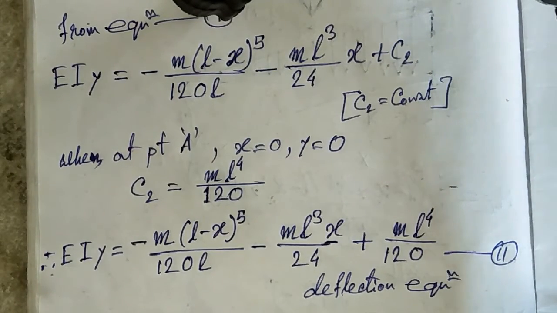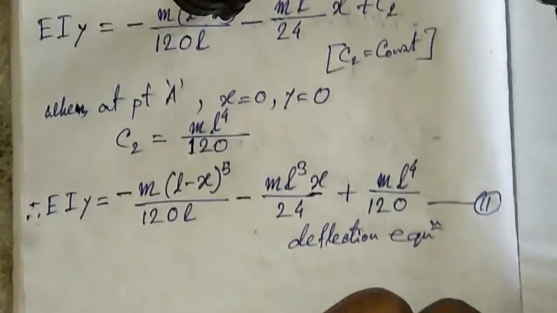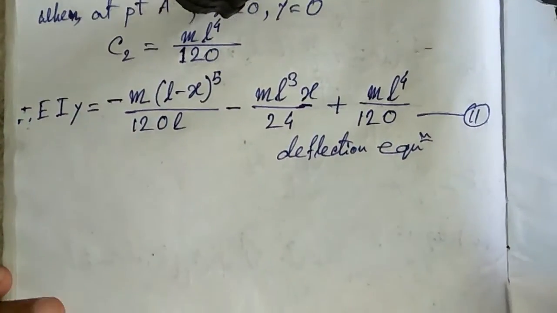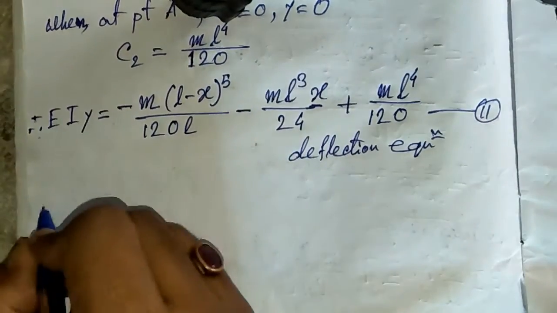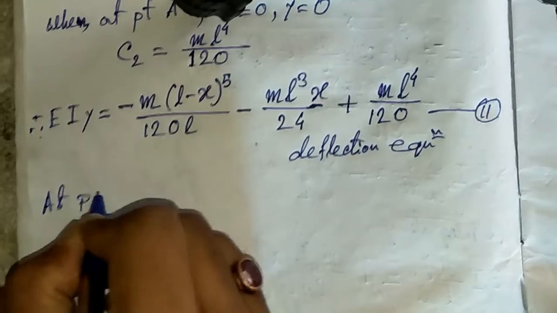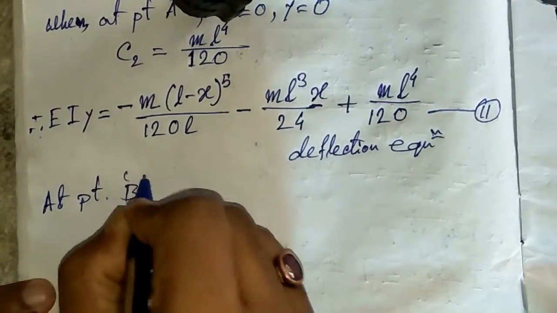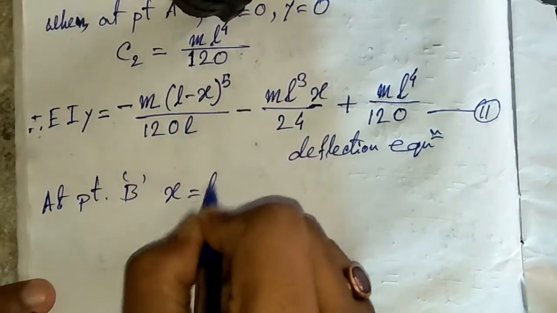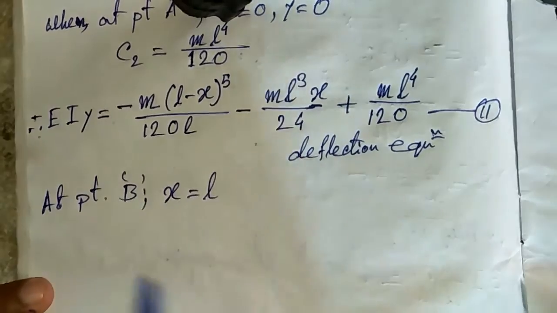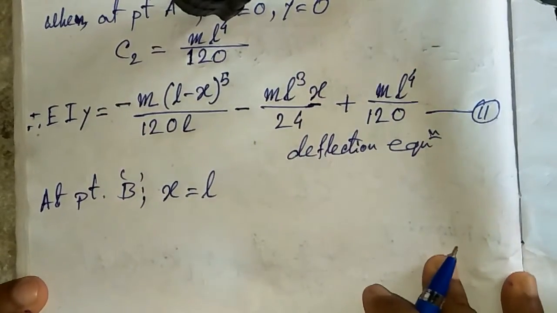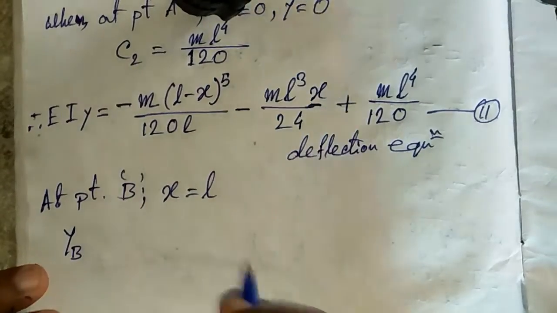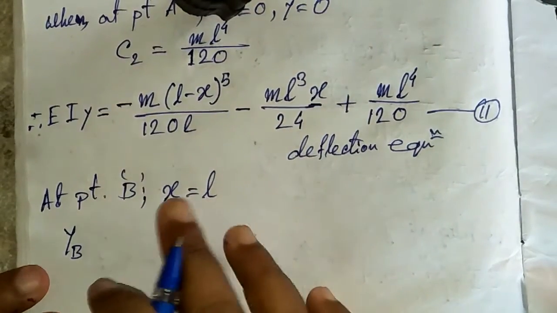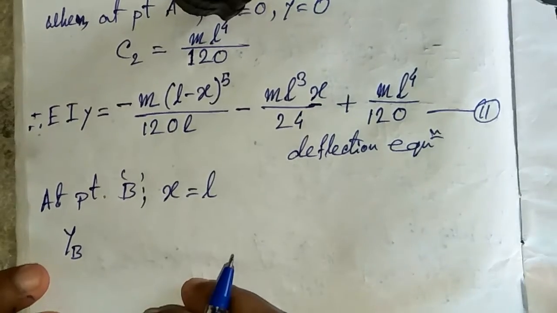So at point B the value of x is L. So we can write the deflection YB by substituting the value of x into this equation.